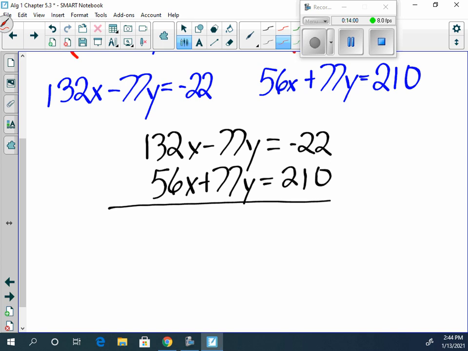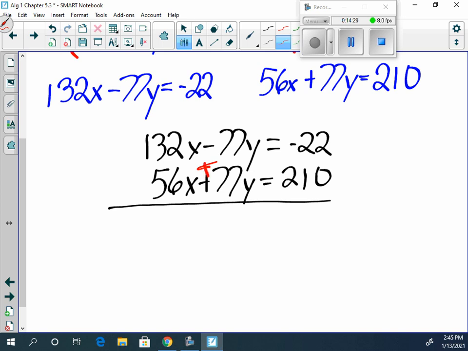So let's try subtraction. So what is negative 77y minus 77y? Well, this is a negative and a positive. So negative 77 minus 77 would be what, negative 154? But it would be bigger, wouldn't it? Because the signs are not canceling out.